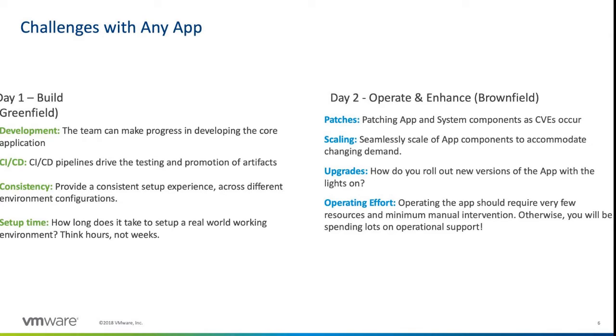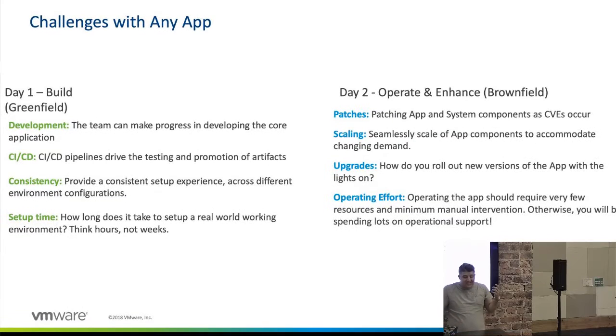They are providing a consistent experience for setup and environmental configurations, and then last but not least, it doesn't take terribly long because we're doing a real-world working environment of my application code. It's hours, not weeks. In some cases, minutes, not hours. So it really goes into how quick do you want it, but what do you lose in that situation?